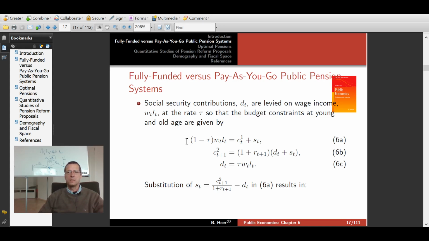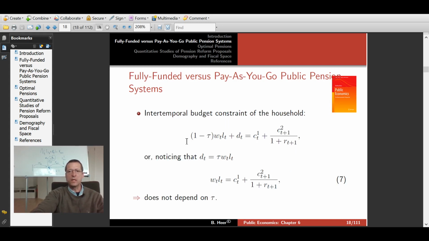Now we can solve equation 6b for the savings ST and substitute savings in equation 6a, and this results in the following intertemporal budget.